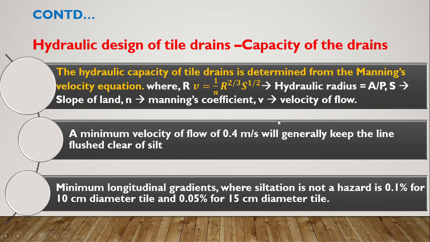So the slope of the area should be above 0.1% if you are using 10 centimeter diameter tile, and it should be greater than 0.05% when we are using 15 centimeter diameter tile. So slope is actually a factor for calculating the capacity of the drain.